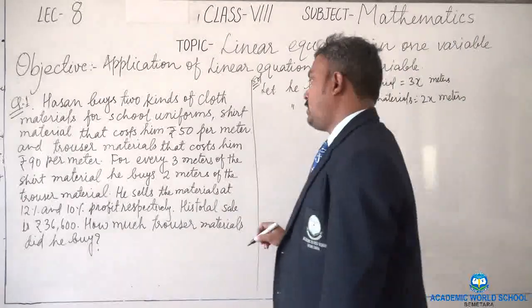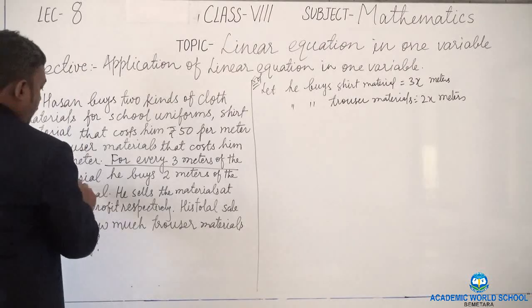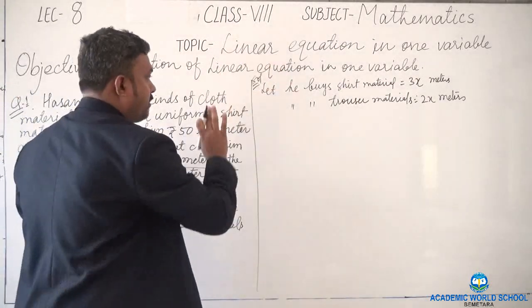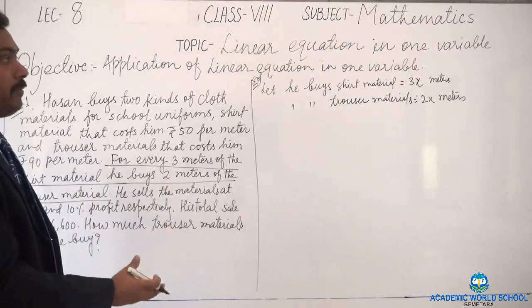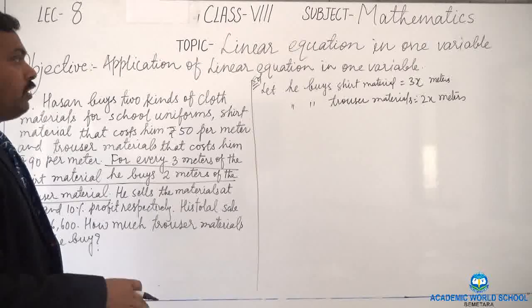So from this condition, we made this statement that he buys shirt material equal to 3x meter and he buys trouser material equal to 2x meter.